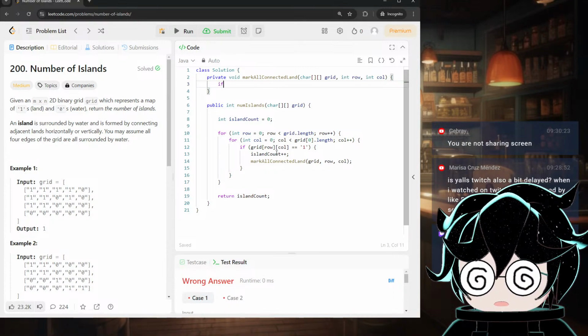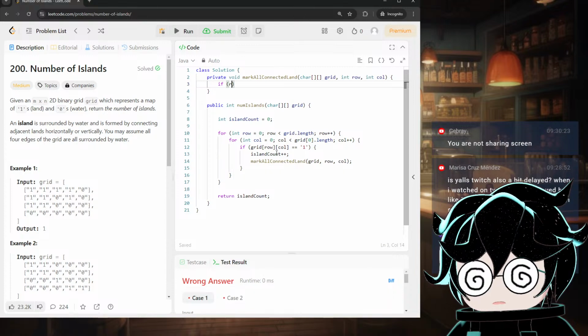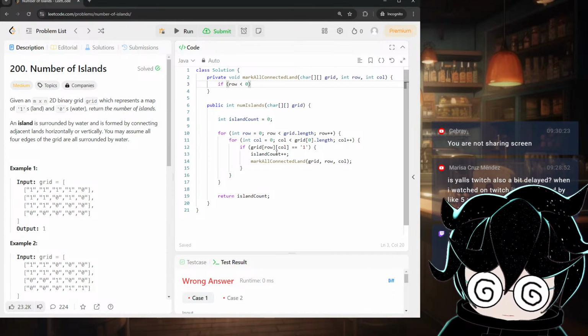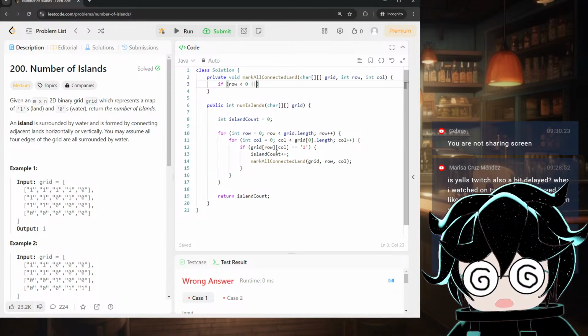So I guess some common base cases are if the row is less than 0, if stuff is out of bounds.